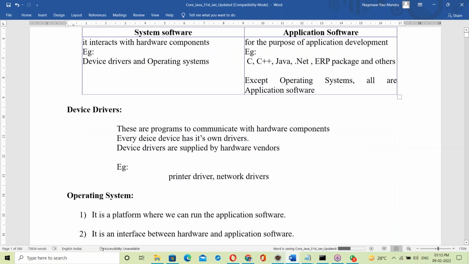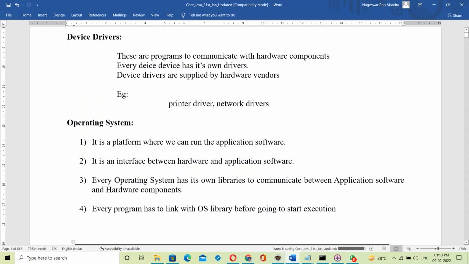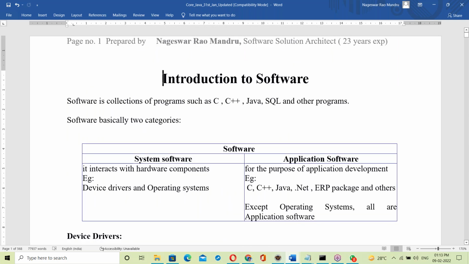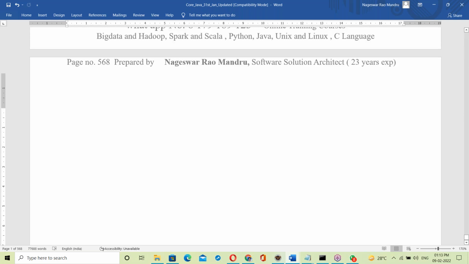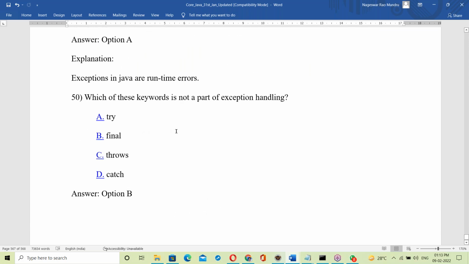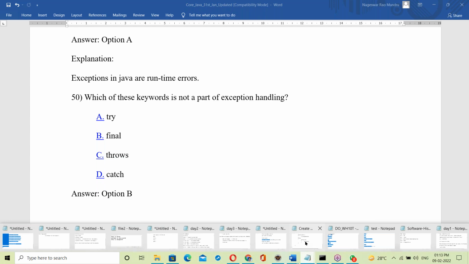It is around a 568 page document. This is for you only.